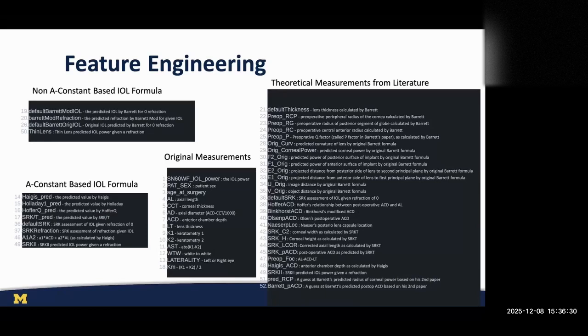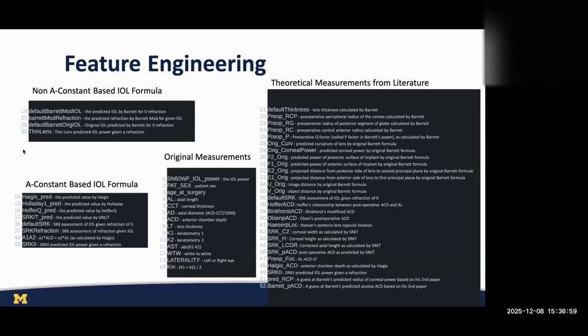So you need to create some salient features. We went through all the literature on different IOL power formulas and added 33 new features. We also removed 9 features which did not seem to contribute to the model at all. 4 of these new additional features were other IOL formulas that were not based on an A constant.